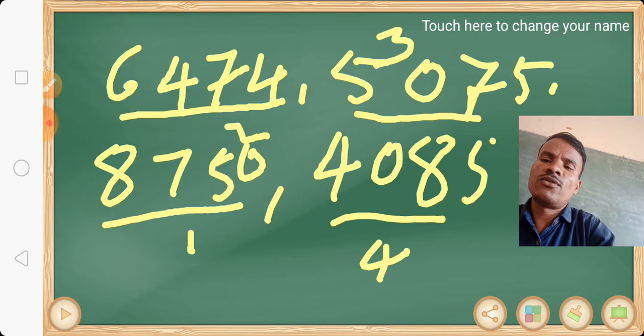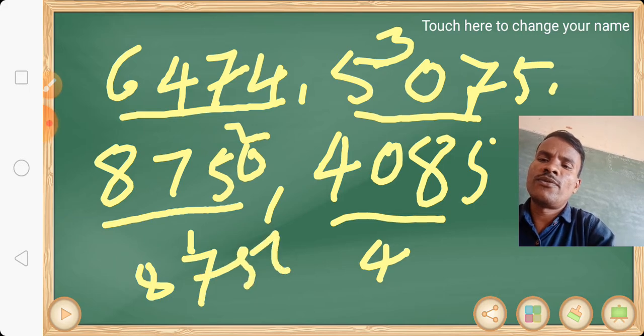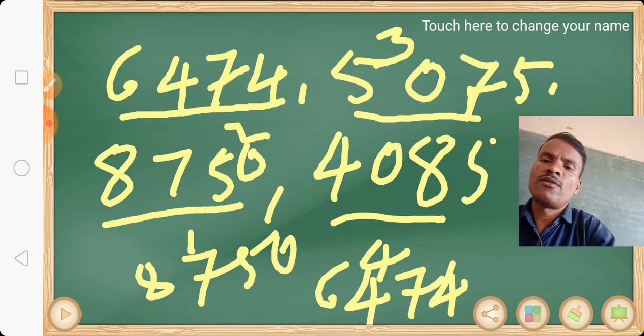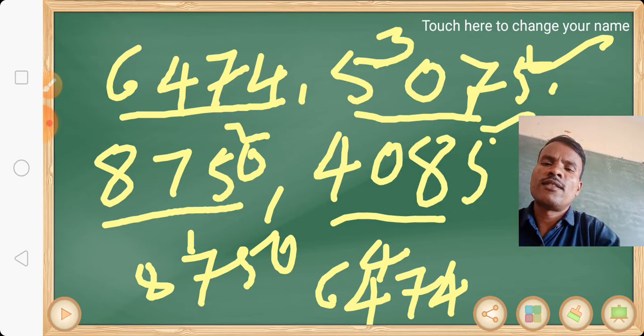So in descending order, first we write 8750, then second 6474, then third this one, fourth this one. If we write like this, it is in descending order.